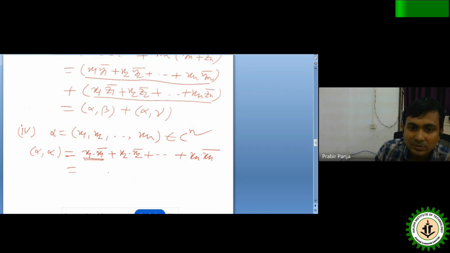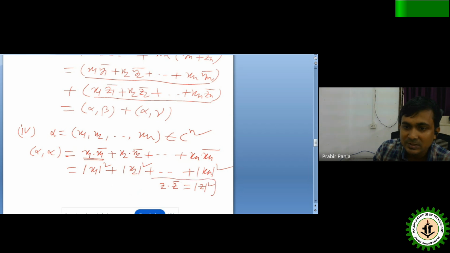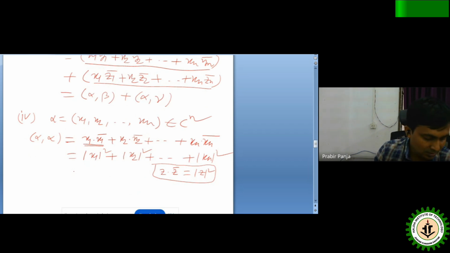So this will be mod of x1 square plus mod of x2 square plus ... plus mod of xn square. This whole expression will obviously be greater than 0 since alpha is non-null.